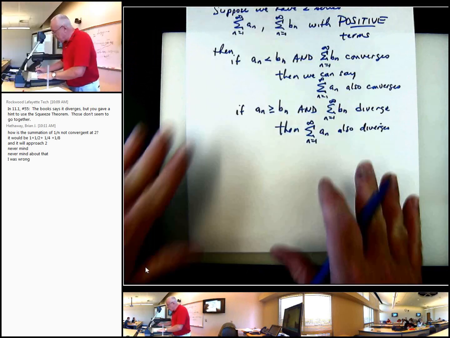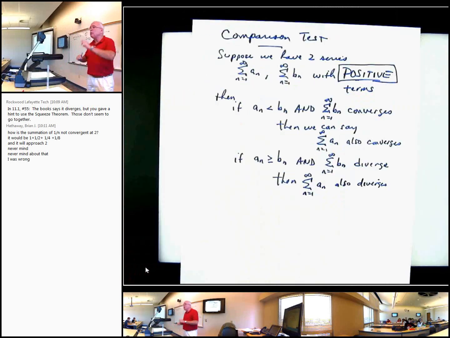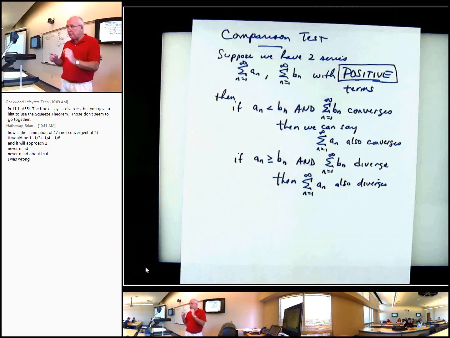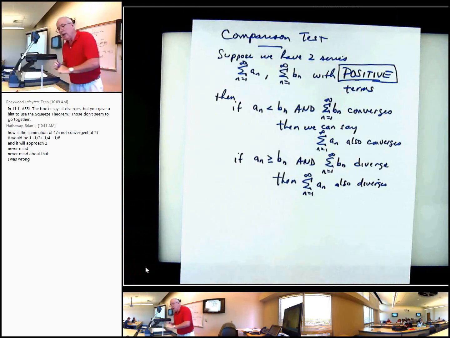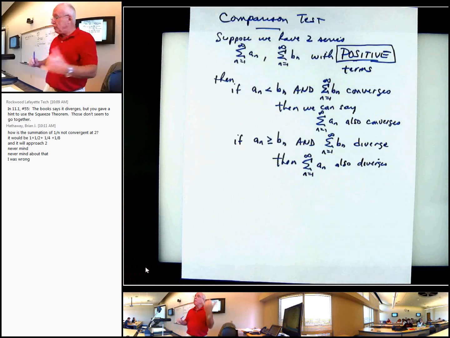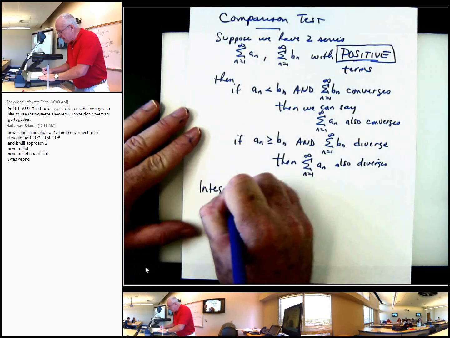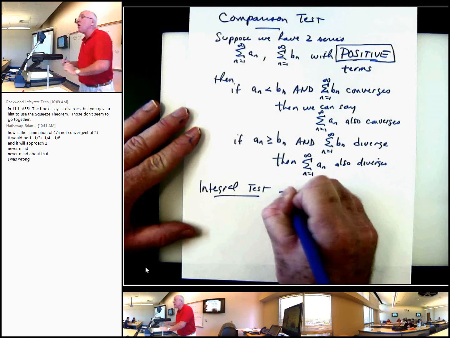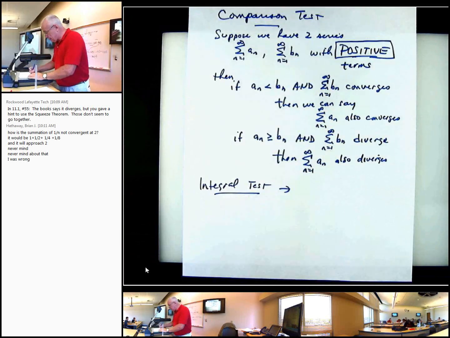I do want to point out, though, that this comparison test works only with terms that have a positive underlying sequence. The terms are positive. Remember also that when we looked at the integral test in the last section, that also worked with only positive functions or positive terms.